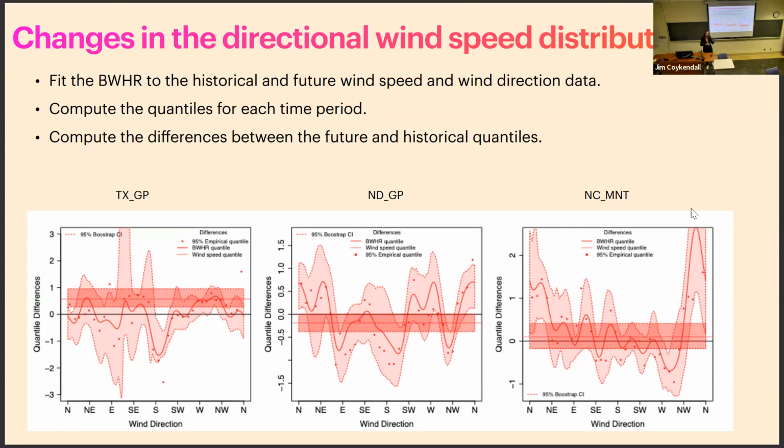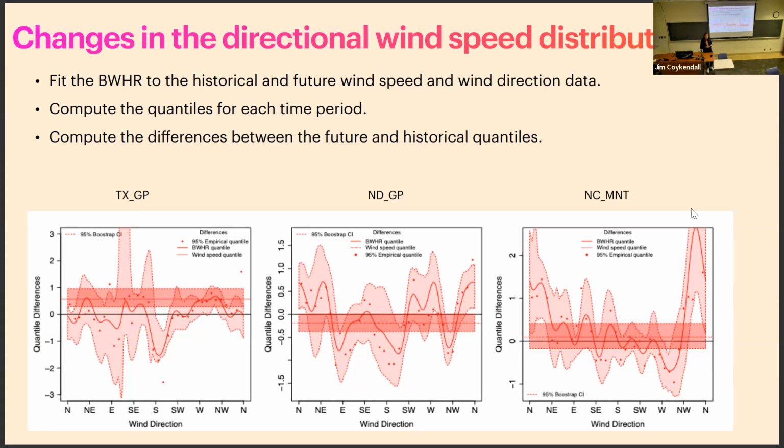Now we have future quantiles and historical quantiles, and to see changes, we subtract them and look at the differences. So what I have plotted here is the difference in the future and the historical 95th quantile. And these differences are represented by the solid curves on this slide.